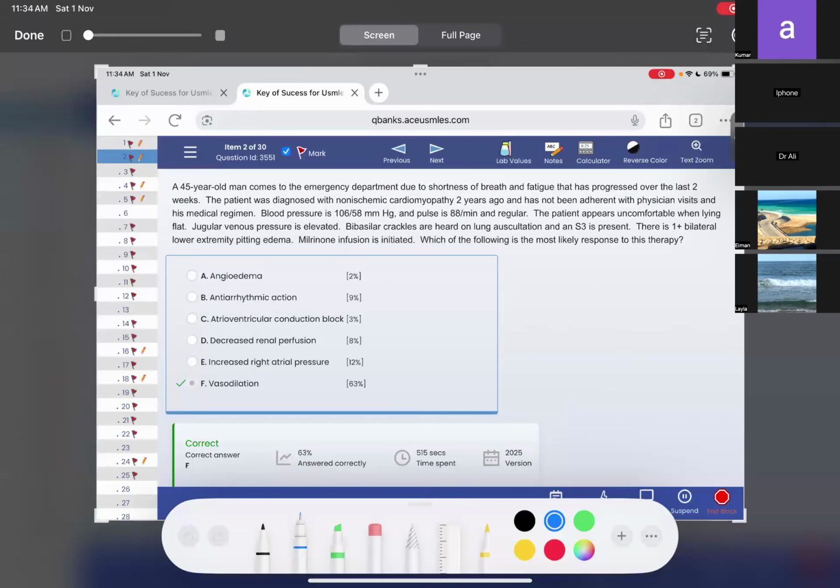I have told you earlier that cyclic AMP has two functions depending upon the cell. In myocyte, it will increase the calcium level, and in smooth muscle, it will decrease the calcium by increasing the calcium uptake by the sarcoplasmic reticulum. As a result, relaxation of the smooth muscle takes place.